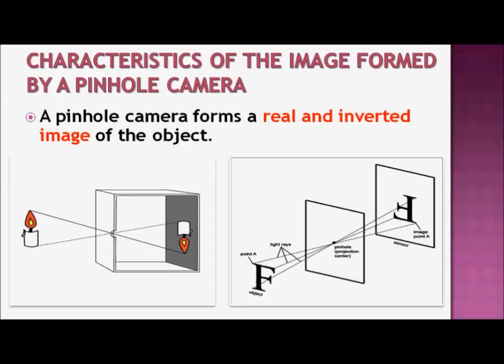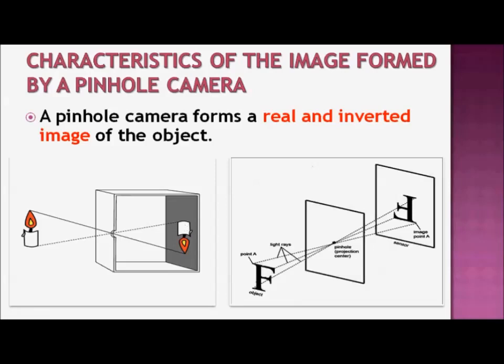Next, another point to be noted is that the image formed in a pinhole camera is of the same color as the object. Here you can see the same color of the object in the image also. Okay?